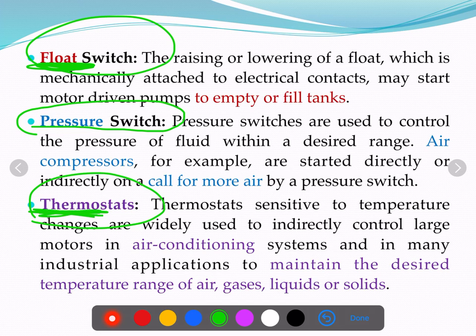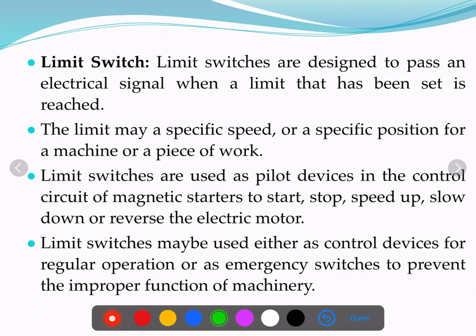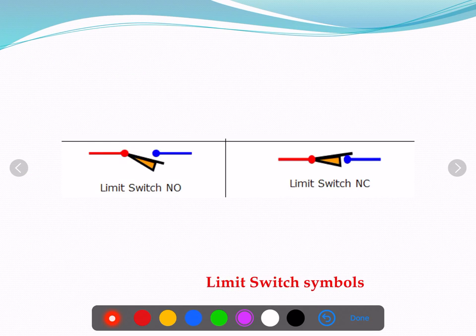Finally, the most important automatic switch is the limit switch. We will have examples and we will study a circuit and we'll be drawing the limit switch. Limit switch means you will start or stop a motor when you are reaching a certain limit. For example, you know the barrier gates on the entrance of different parkings?